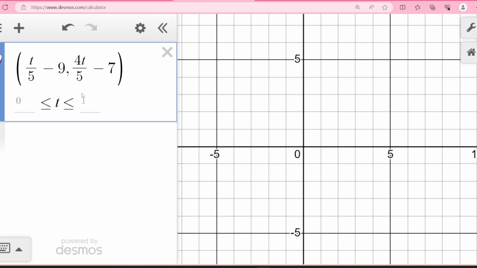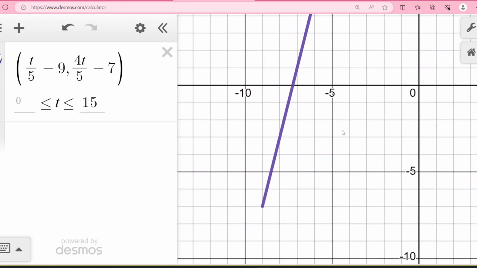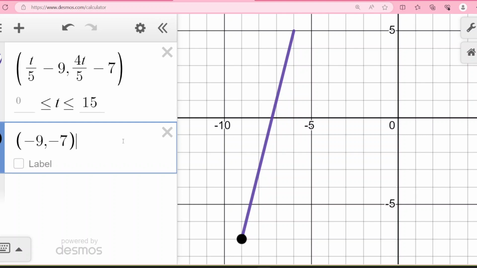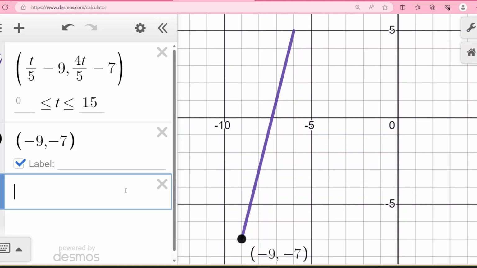And then we're going to have t range from 0 to 15. And look, you get that part of a line. I'll plot the points: it starts at the point -9, -7 at the bottom, starting at -9, -7 when t equals 0. And the point at the end of this segment should be -6, 5.